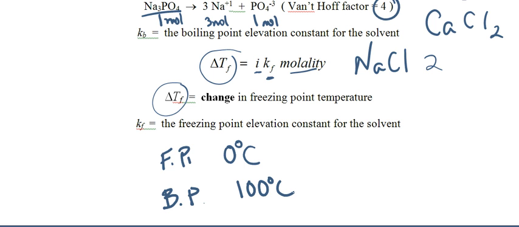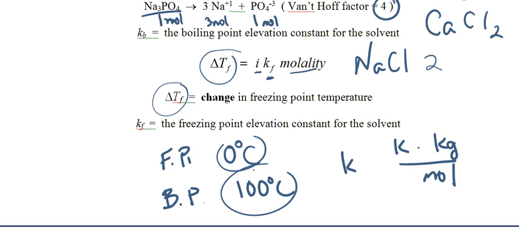And I know that on the equation sheet, your constants, like Kf or Kb, are given in Kelvin kilogram per mole as the units. If you want to use Kelvin, that's fine. Just recognize that you need to add 273 to this and 273 to that.